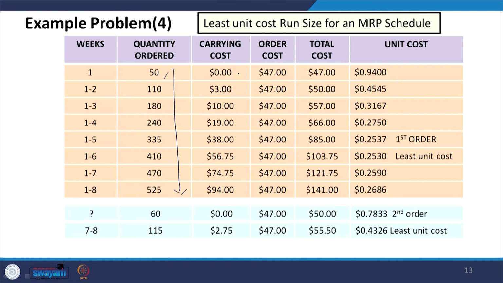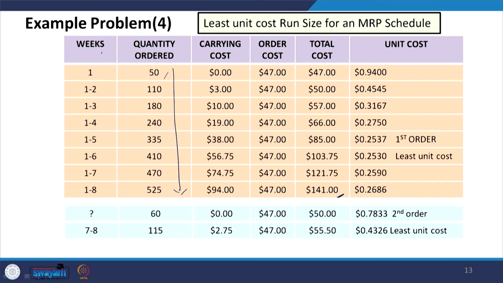The carrying costs are also mentioned here, from different cases 0 to 94. In the third case we have already discussed how you calculate the total cost. Now, depending upon the total cost, you are calculating the unit cost. So, 47 divided by 50.